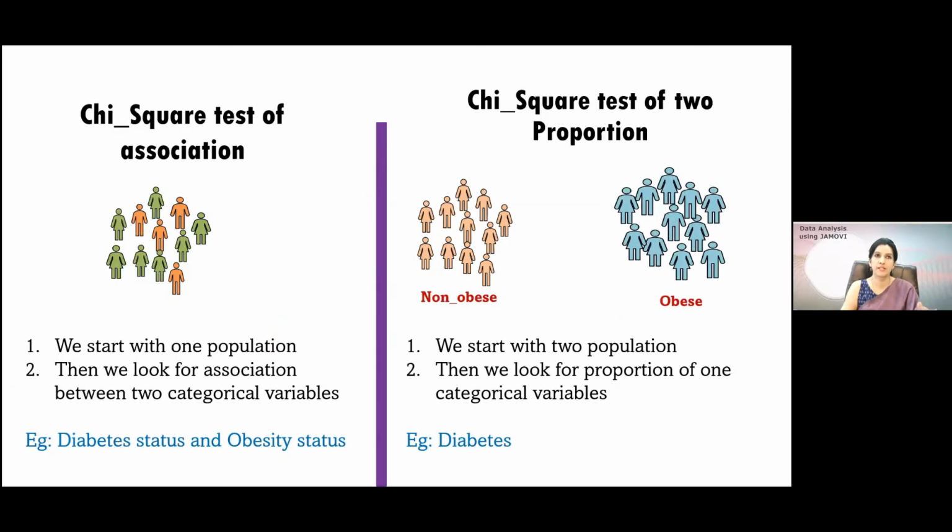In case of a chi-square test of association, we start with one population and then we look for the association between two categorical variables, like maybe diabetes and obesity. But in this case, in two proportion, you start with two different populations. So you have obese and non-obese, and then you look for the binomial proportion of a categorical variable, like maybe the presence of diabetes and absence of diabetes.